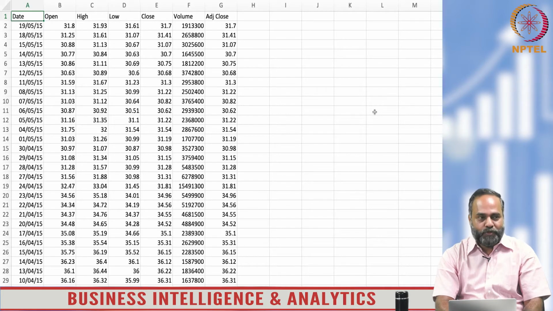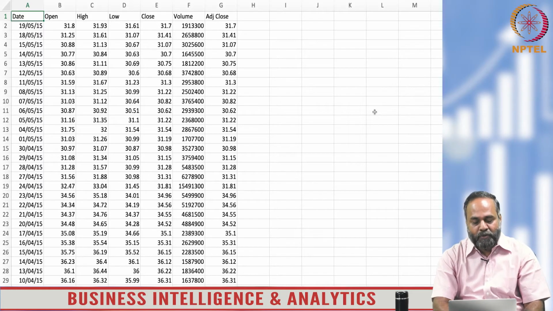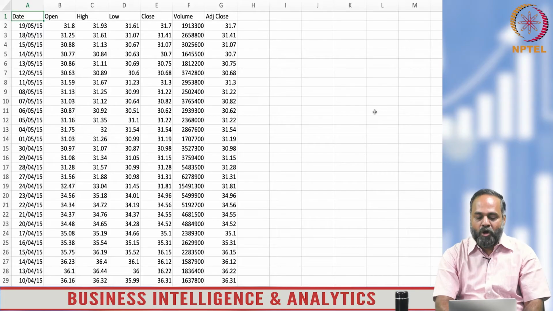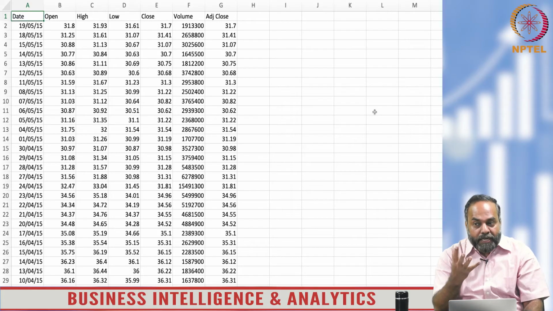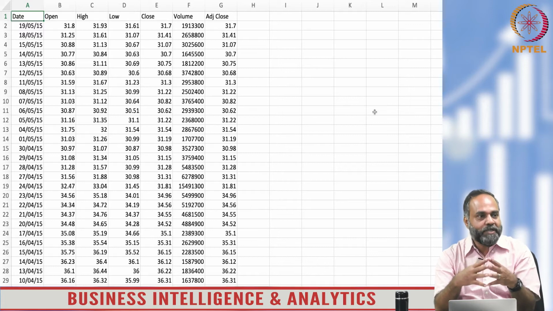When I talked to experts in finance about this, they strongly recommended closing price, not adjusted closing price, and there is a rationale that they gave. Adjusted closing price does not exactly capture the behavior, because the company adjusts the closing price, and how they adjust it is not known information.